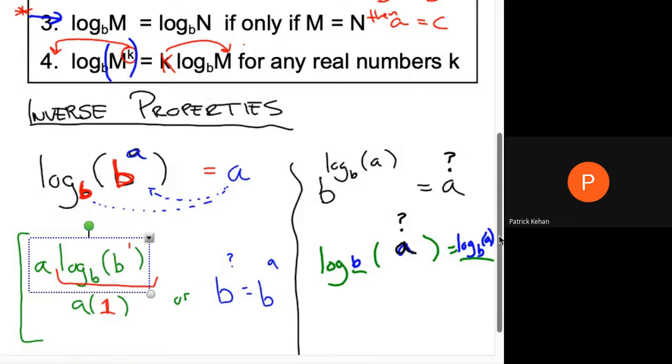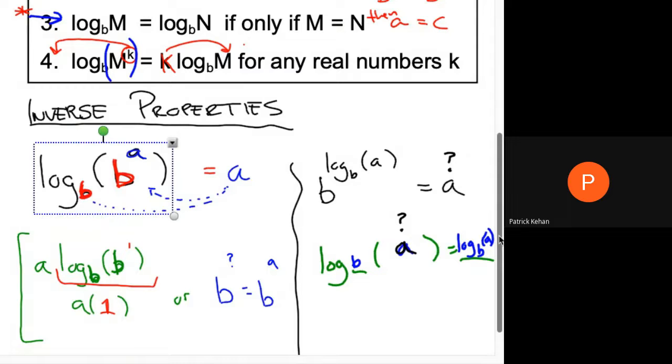In red, this is really saying base b raised to what exponent is b? That exponent has to be 1. A times 1 is a. Therefore, this expression must equal a.